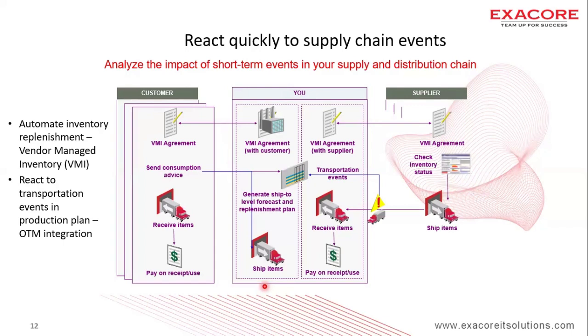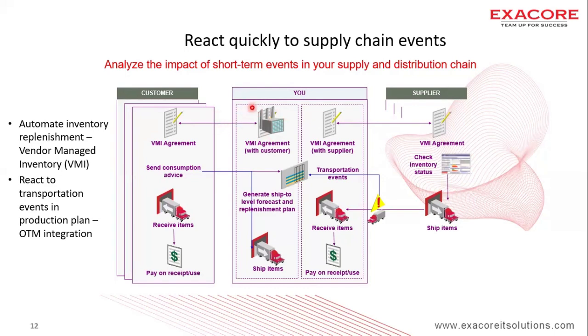What advantage it brings is that once the inventory availability goes down in our organization, the supplier will get a notification that the inventory has gone down. We need to replenish this. So the supplier will replenish this particular organization's stock.